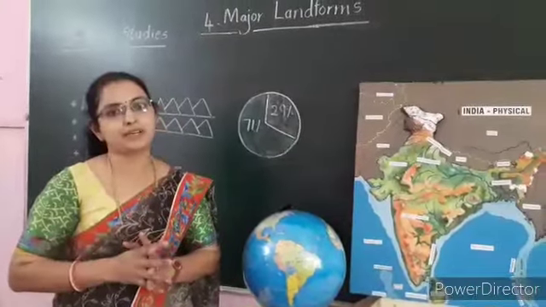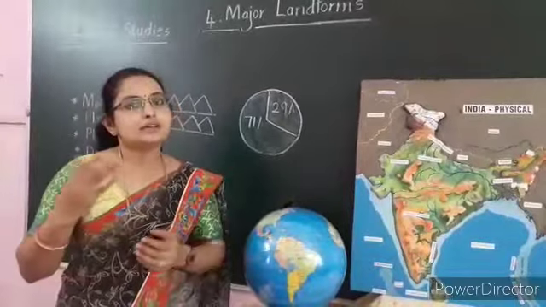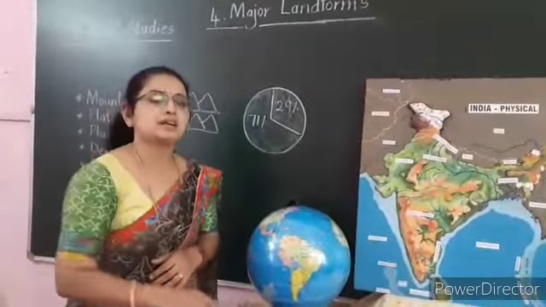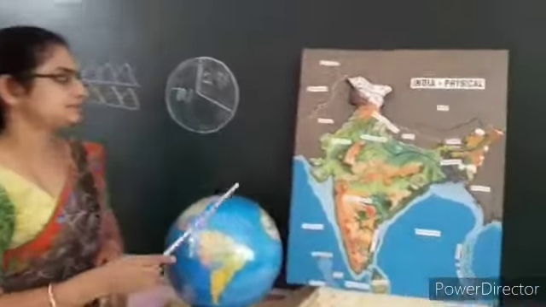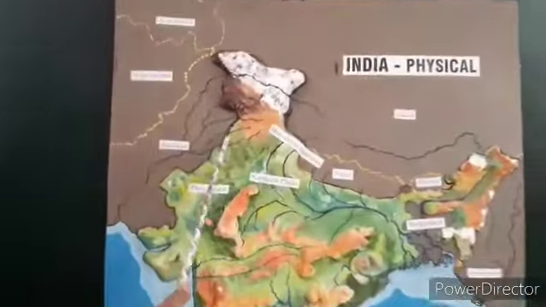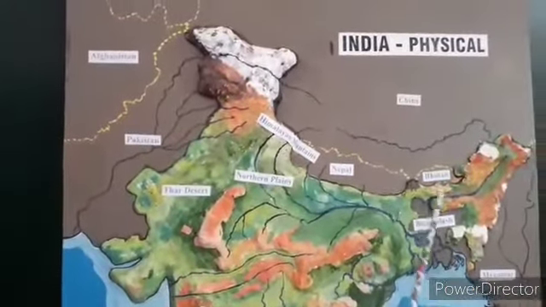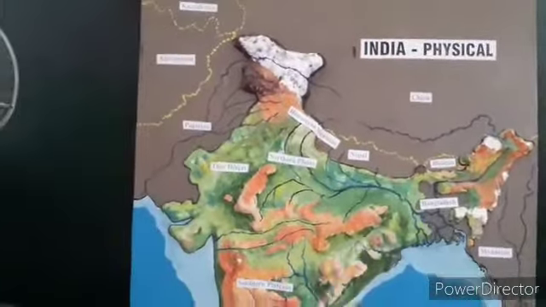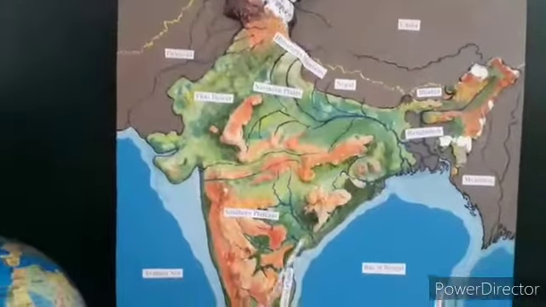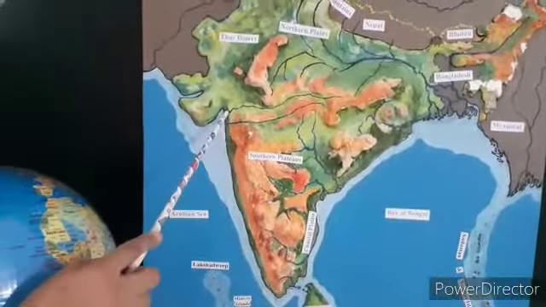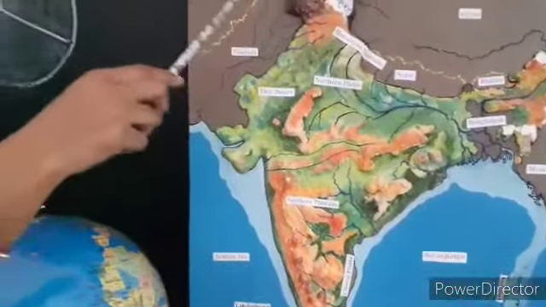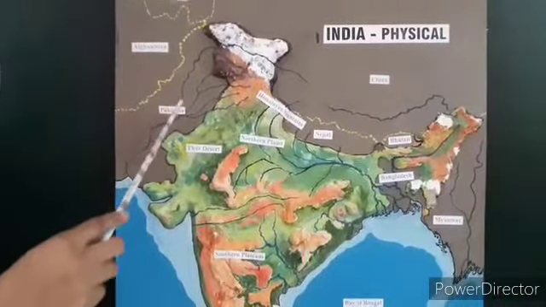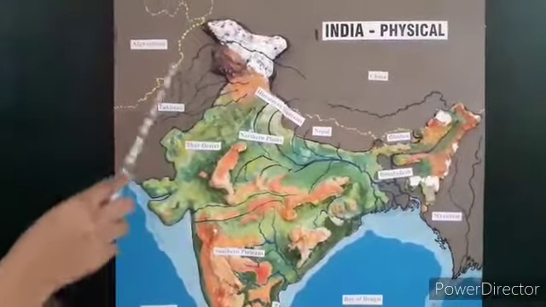Plains are more populated than plateaus and mountains. The examples are the northern plains and coastal plains in India and the Indus Valley plains in Pakistan.